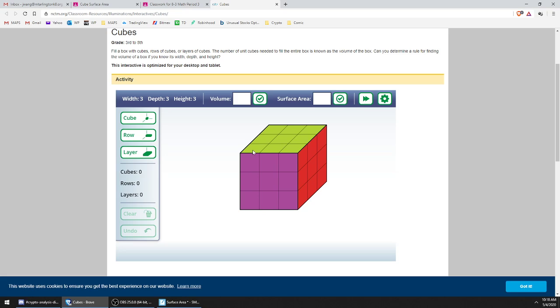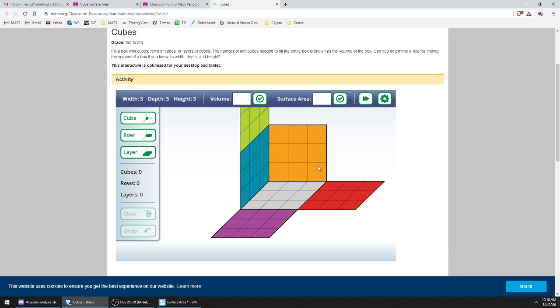Well, it would be the green one. Length times width. And if I open it up, this green one is the same as what? Remember, it's the top. It's the same as the bottom. Length times width.